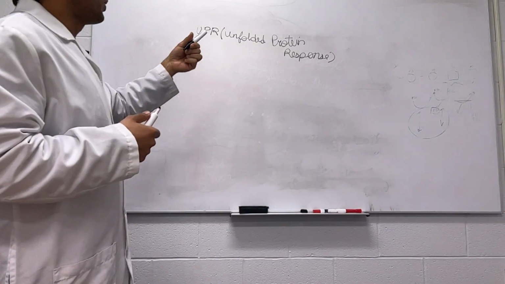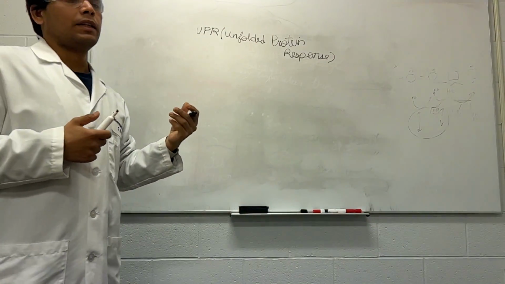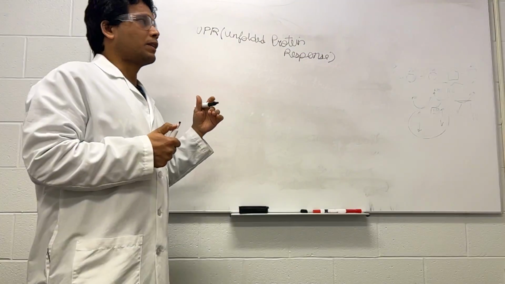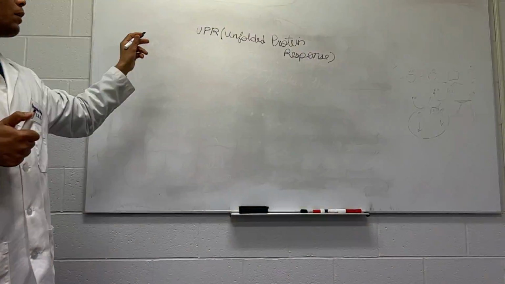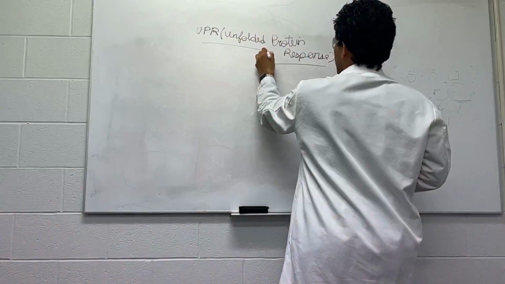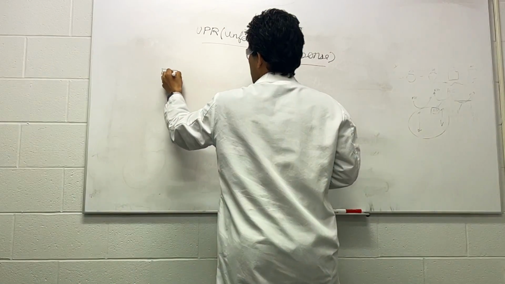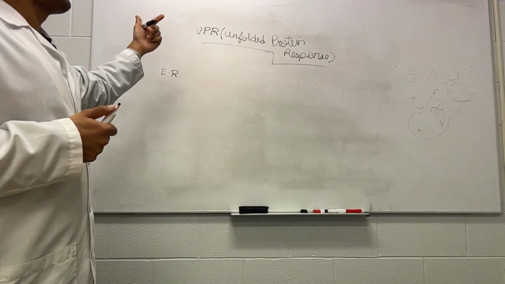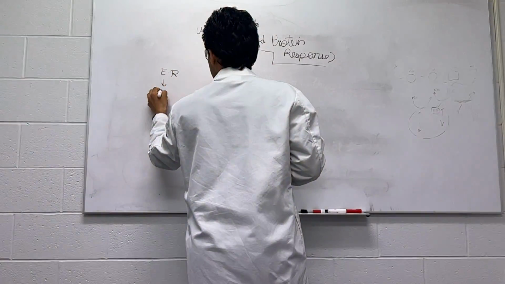If the protein is not able to form its native structure, it might lead to several stresses and different responses in the cell. One organelle of the cell in which this response originates is the endoplasmic reticulum. Because of the unfolded protein response, it will lead to ER stress.